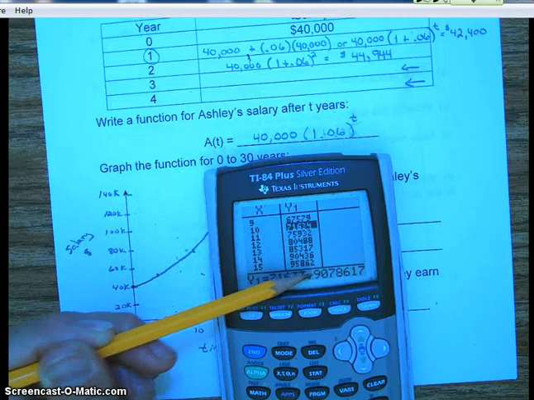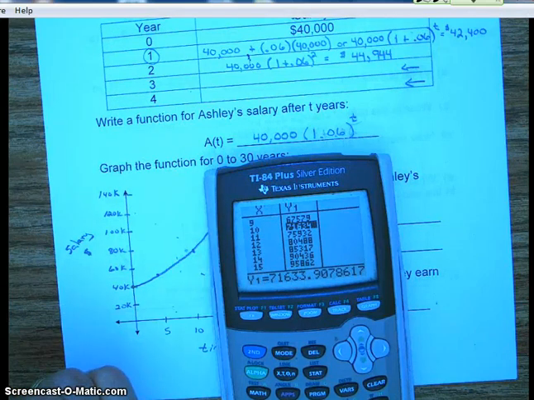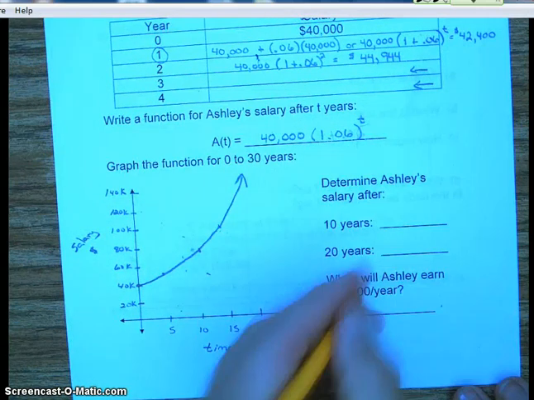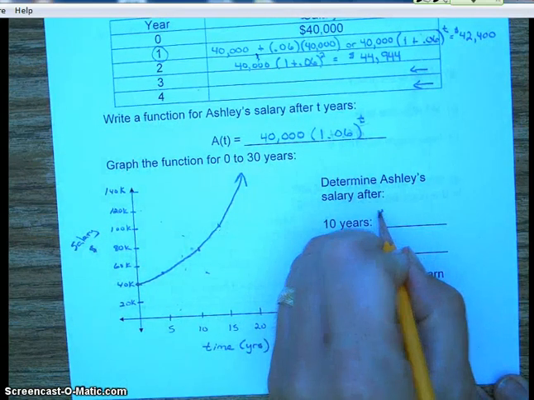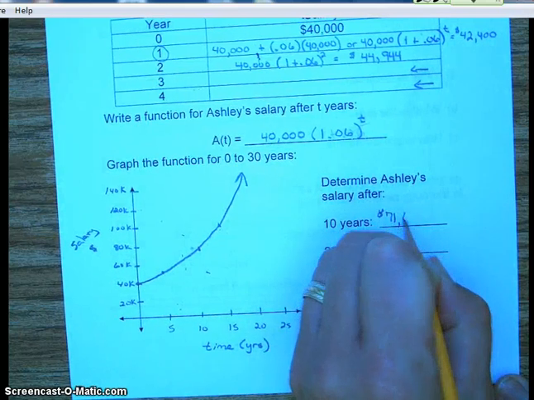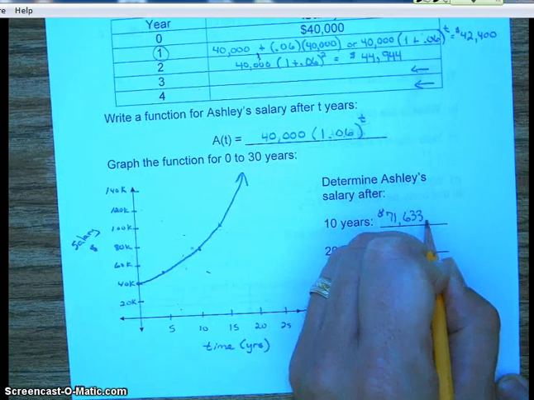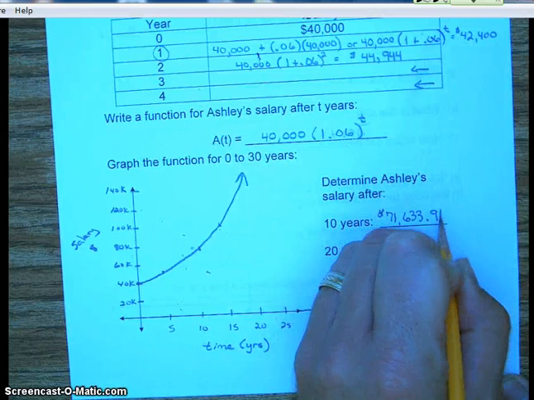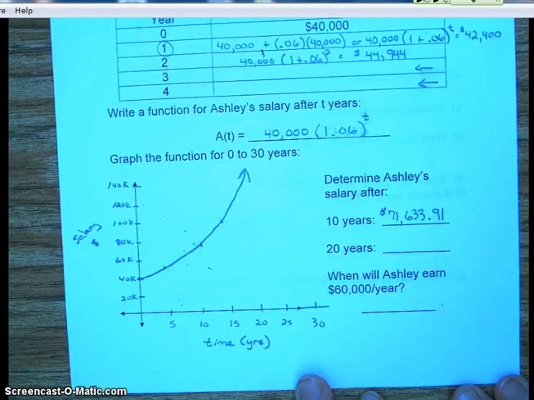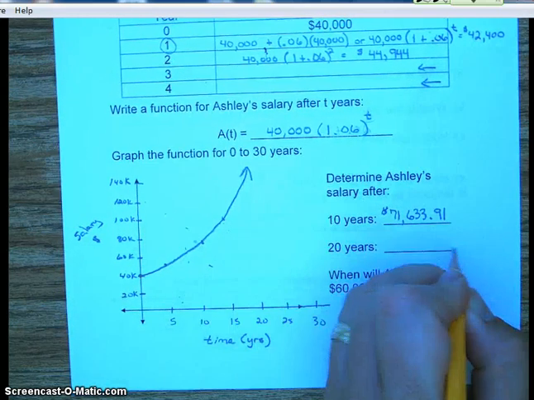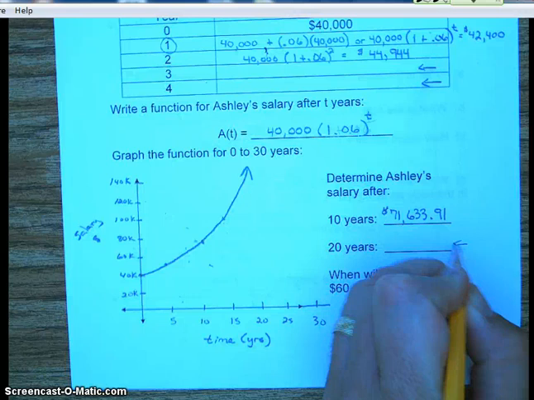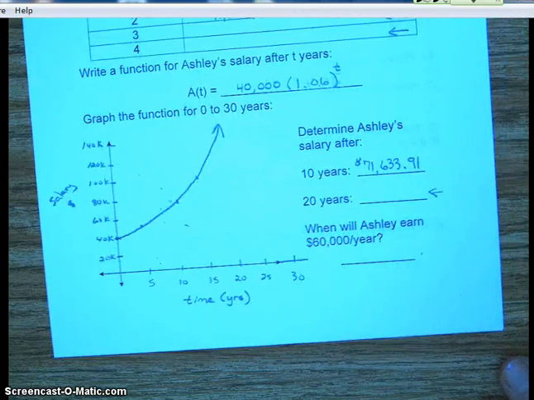It actually rounds it to the nearest whole number. So $71,633.91. Go ahead and calculate this one for me for tomorrow or for Monday.